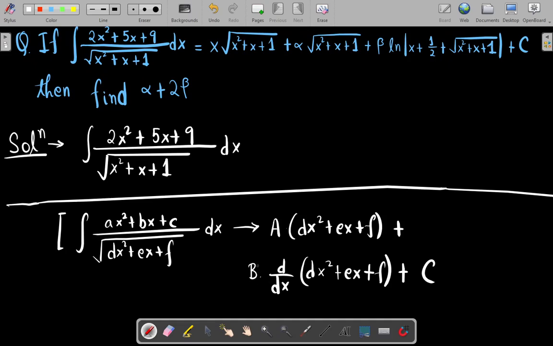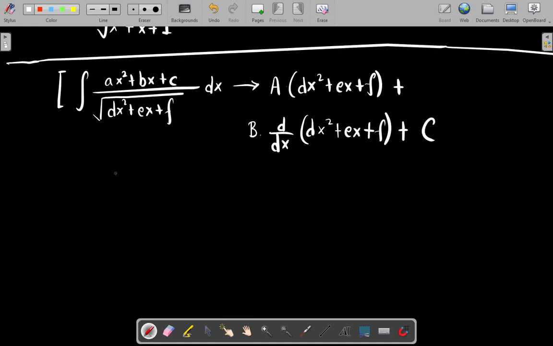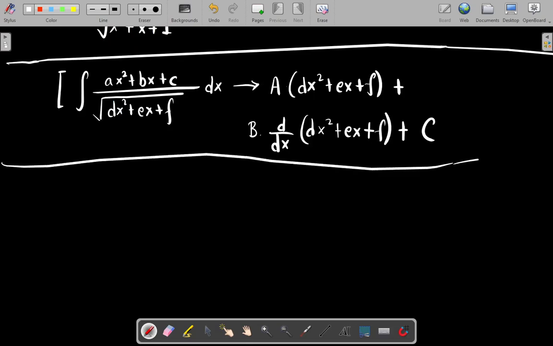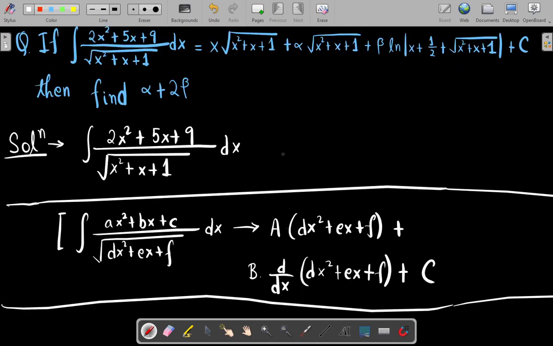So let us start with this same method. We will do this substitution and see what we get after solving. This is the general format, so similarly here I will do this substitution. This will become a times (x² + x + 1) plus b times the derivative directly, and the derivative of x² + x + 1 is 2x + 1, plus some c.